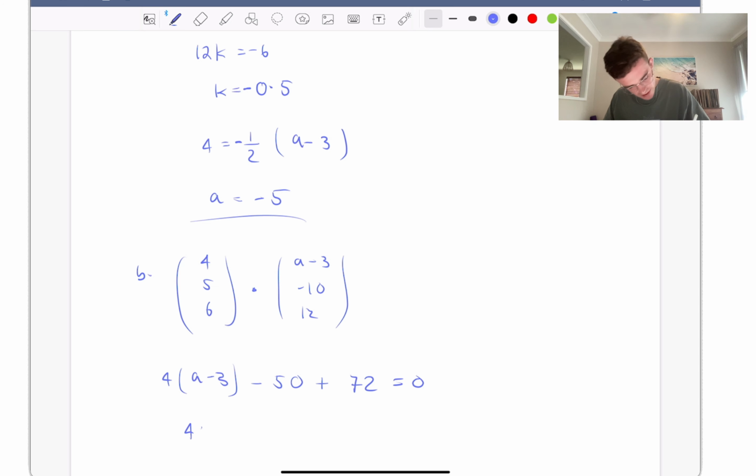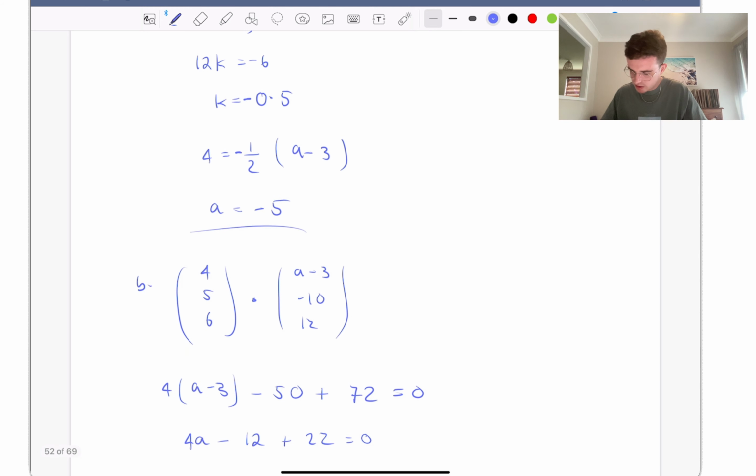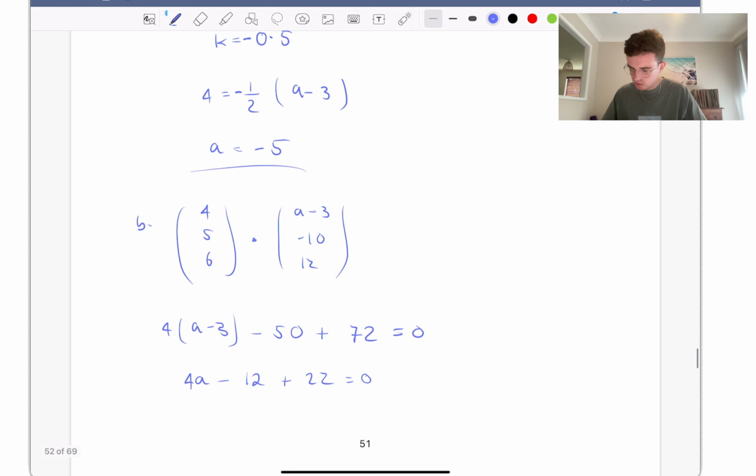So we've got 4A minus 12 plus 22 equals 0. So then minus 12 plus 22 is 34. So A is equal to 8.5.